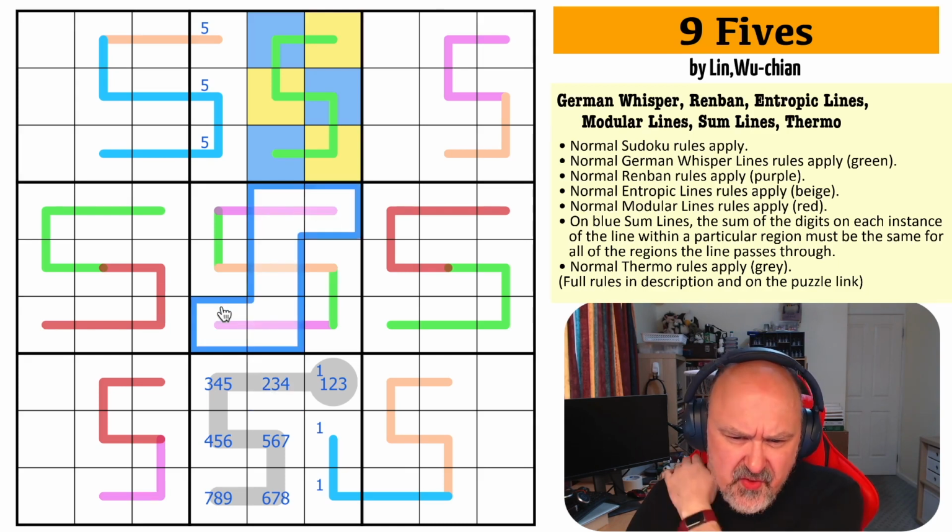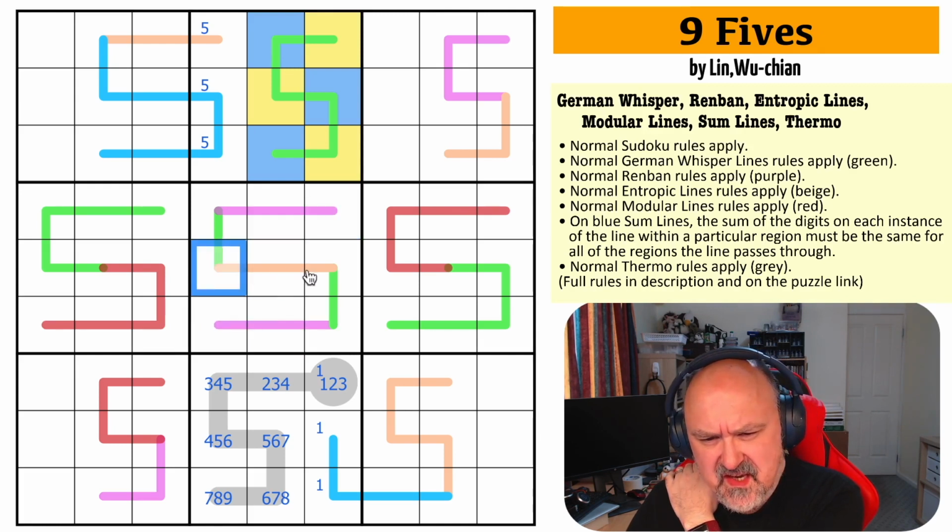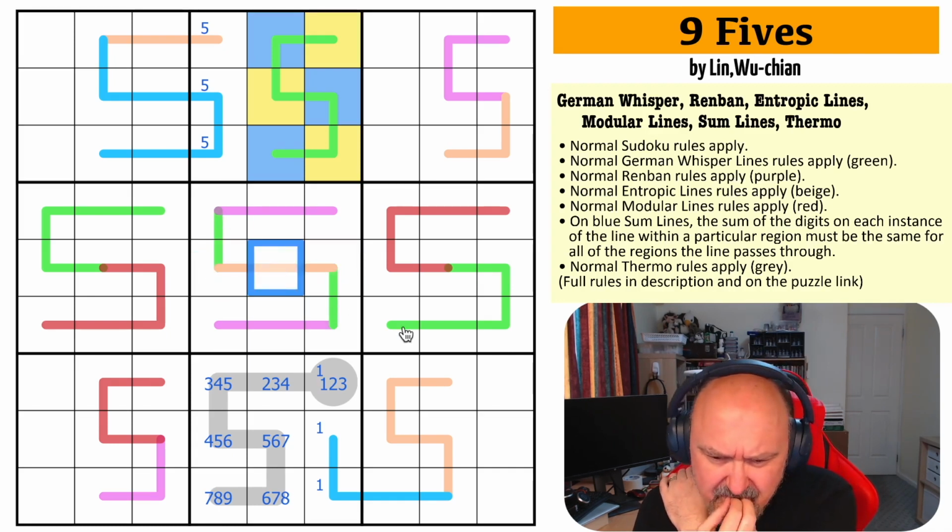Five is in one of those. If 5 is here, these are low and high, but that's fine for the whisper. That actually causes more freedom.